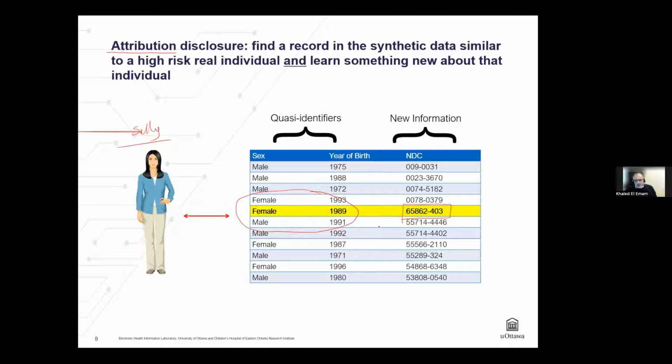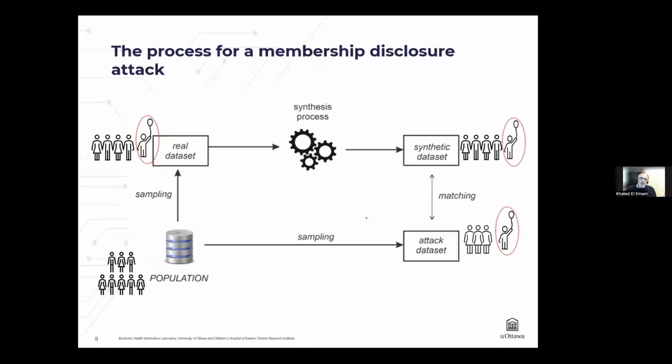So we found a similar record, but we cannot use the information in the similar record to learn something correct about Sally. So that's the concept of attribution disclosure, and you can quantify this and assign it a probability of finding a successful record match in the synthetic data and learning something new about Sally from that match.